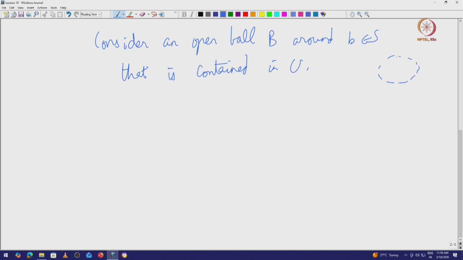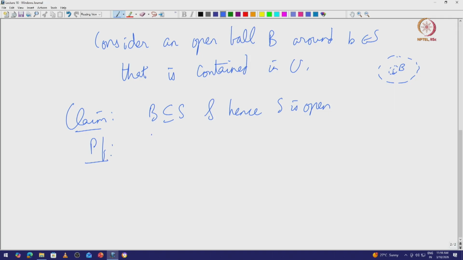After all, there is some open ball which is completely contained in U. Take any such open ball B. Claim: B is a subset of S, and hence S is open. So, proof of this claim.